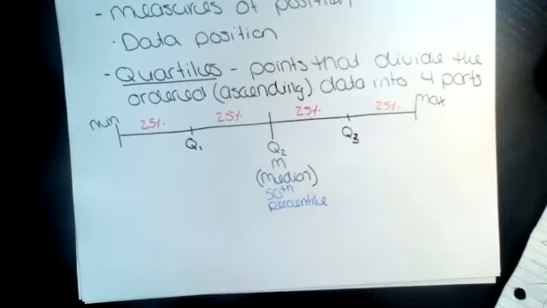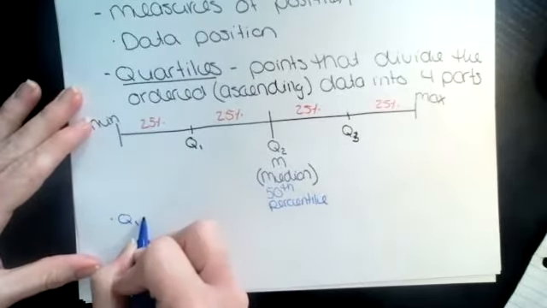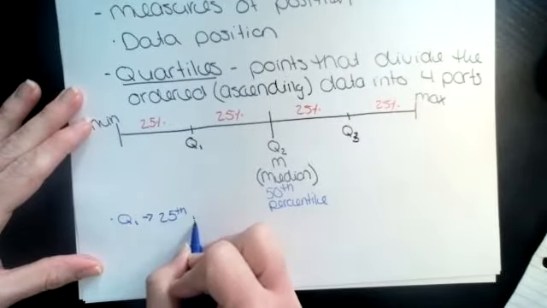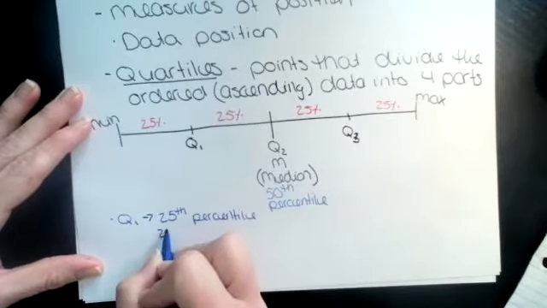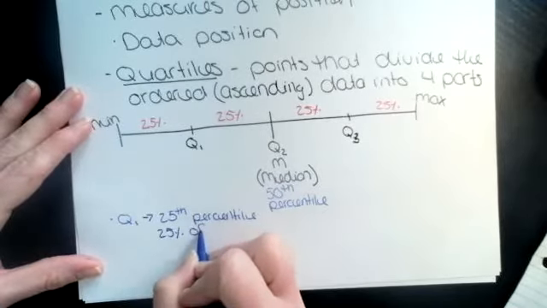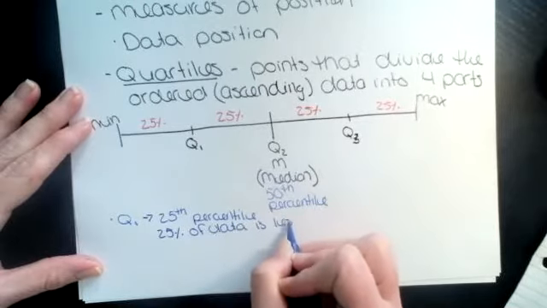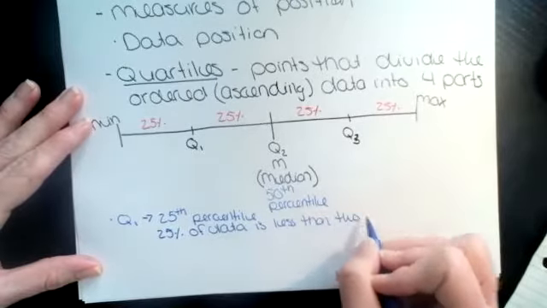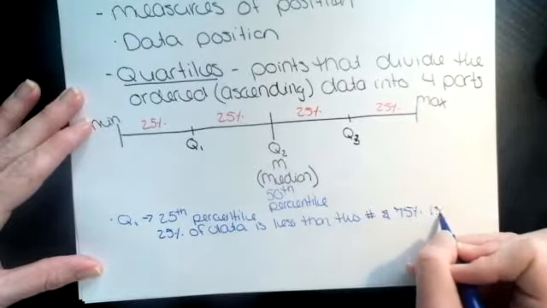So we'll just make a quick note. Quartile 1 is my 25th percentile. That means 25% of the data is less than this number, and 75% is more.